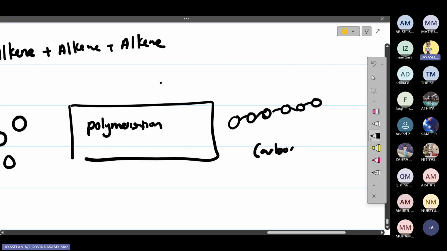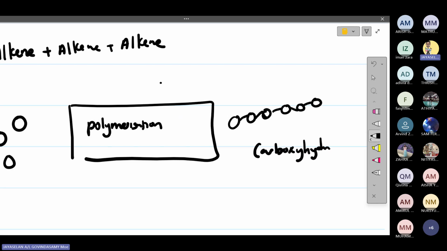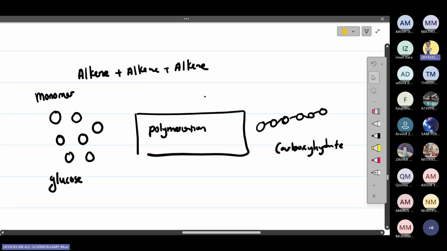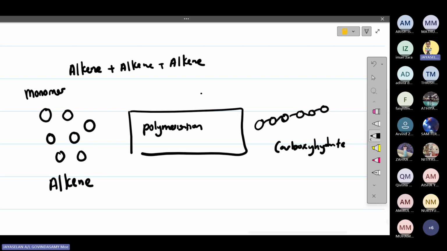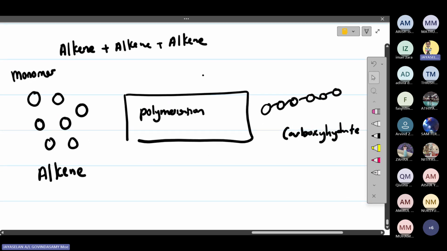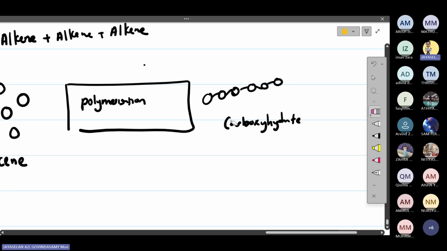And this is called carbohydrate. Same also alkene. Now, only alkene. Alkane cannot, alkyne cannot, alcohol cannot, carboxylic acid also cannot, ester also cannot. Only alkene molecules can combine together in repeating sequences.